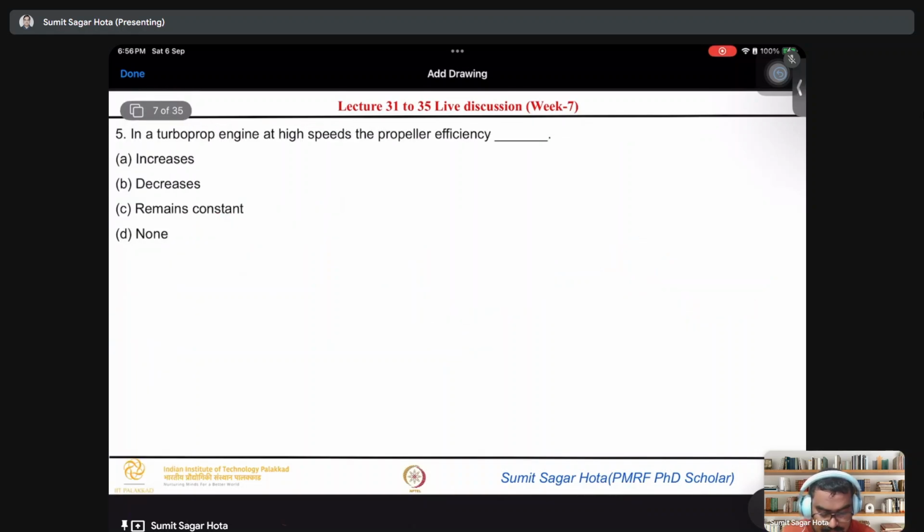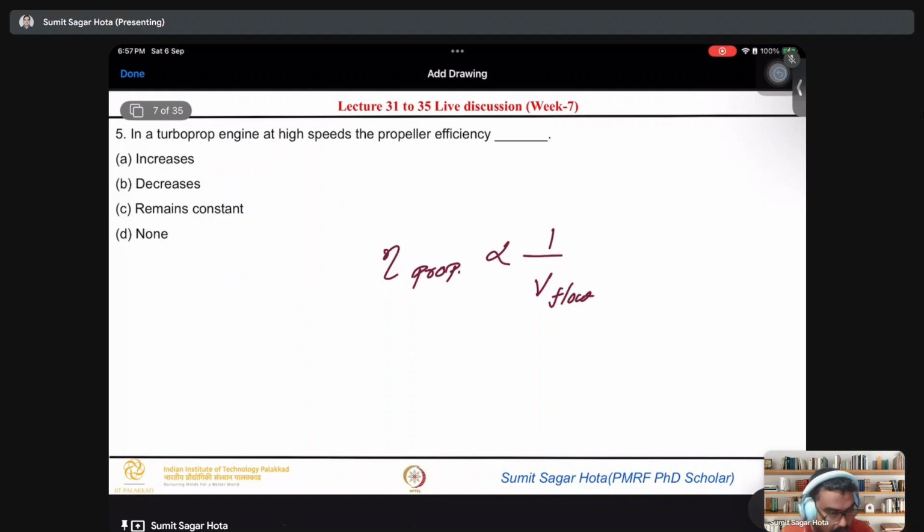Next question. In a turboprop engine at high speeds, the propeller efficiency is dash. I already told you this kind of statement: the propeller efficiency is inversely proportional to the flow velocity.